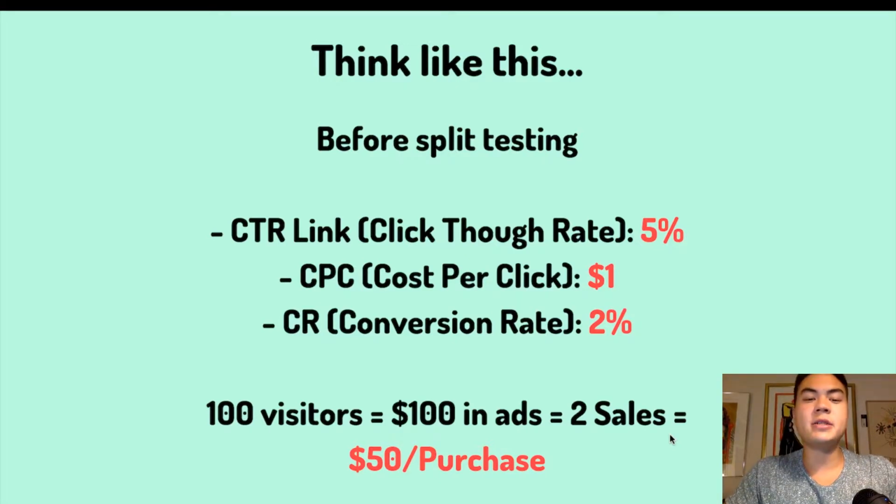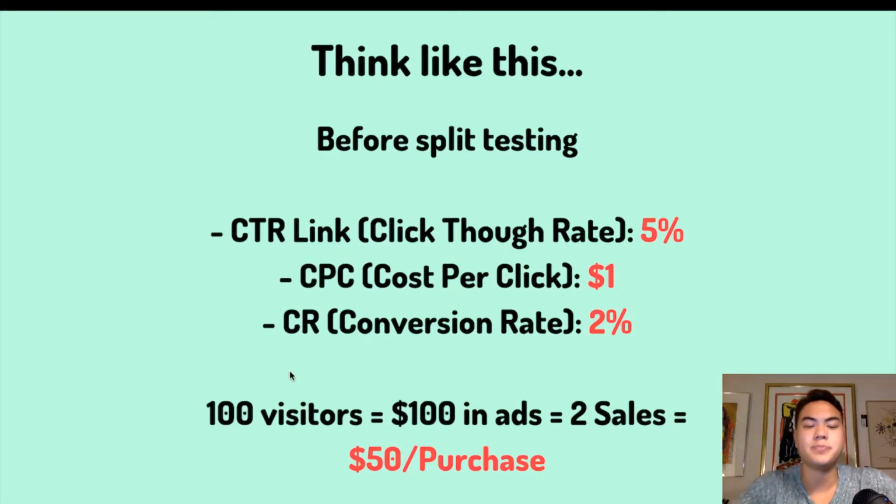Let's just imagine before split testing, your CTR link, which is your click-through rate for the links, is 5%, and then that means, in this case, depending on the CPMs and all that stuff, let's just say your cost per click is $1, and your conversion rate on your Shopify store, which doesn't really have to do with this, is 2%.